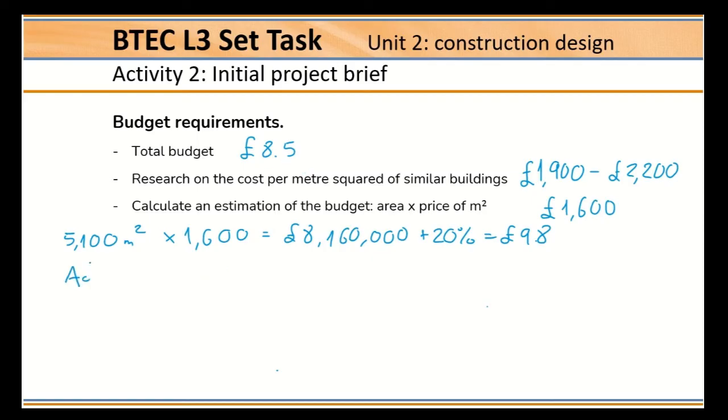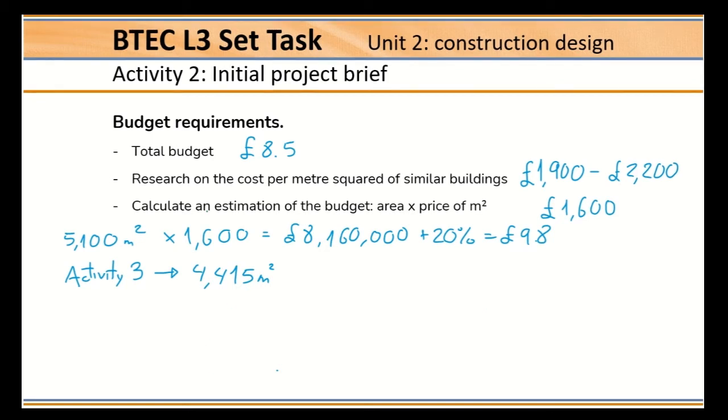In activity 3, I have calculated the area that I need to meet the requirements of 65 rooms, and this is 4,415 meters squared. In activity 3, I will show you how to calculate this number.